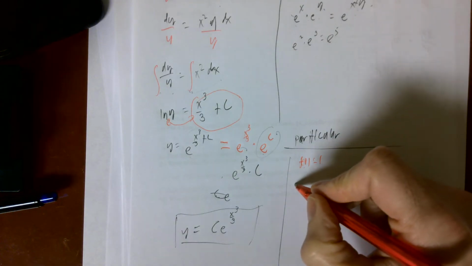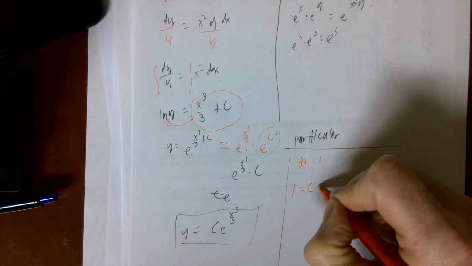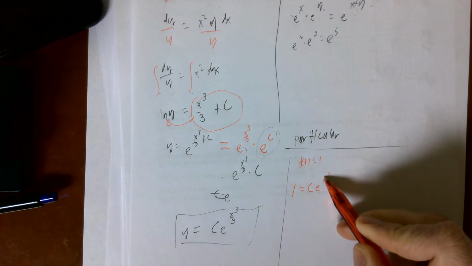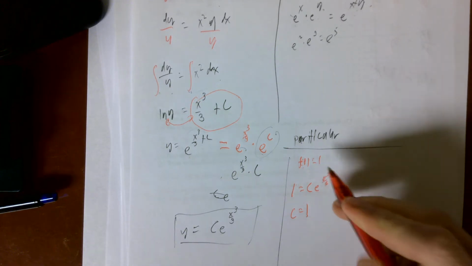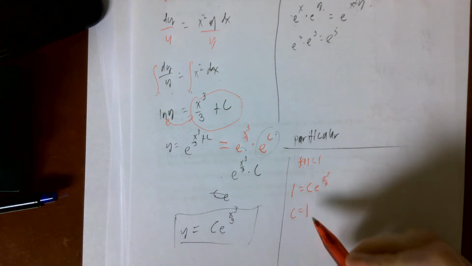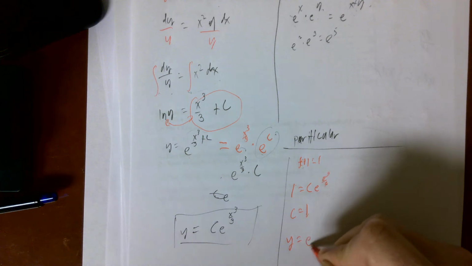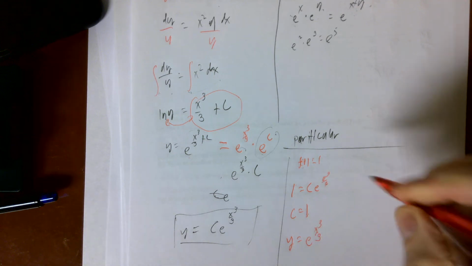So if I plug in, I get 1 for y equals c e to the 0 cubed over 3. Let's see, that's 0. E to the 0 is 1. Okay, so c is equal to 1. So if this is your initial condition, c is 1, then my particular solution is y is equal to 1 e to the x cubed over 3.